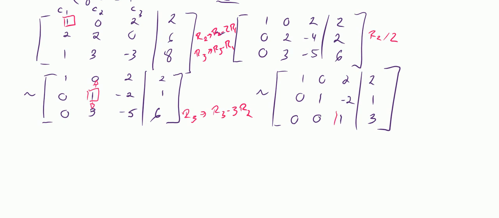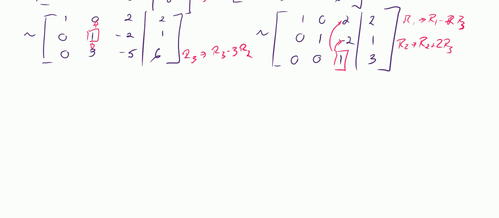Okay, so now I'm here and I want to row reduce these two guys, right? So I'll do R2 is R2 plus 2R3, and then R1 is R1 minus 2R3. Sorry about that. Okay. So what I'll get, this stays the same. And this is 1, 0, 2.